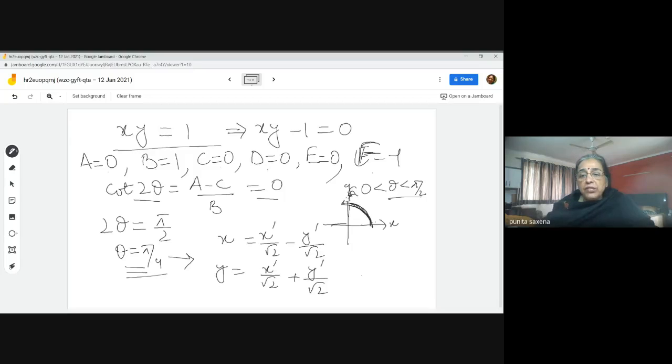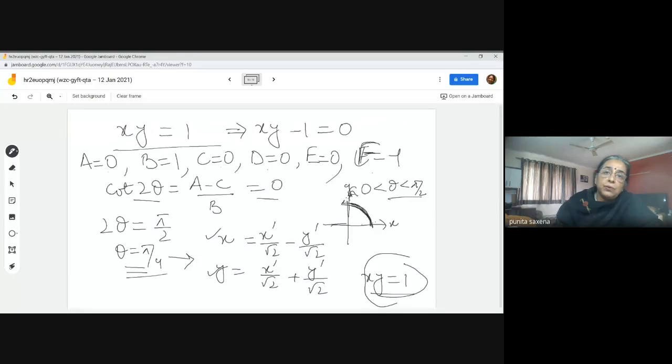Now is your equation of the conic xy equal to 1? Now substitute this x and this y in this equation and get a new equation in terms of x dash and y dash.